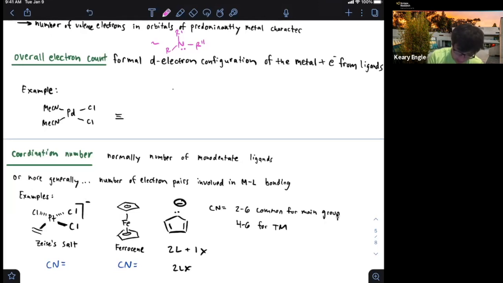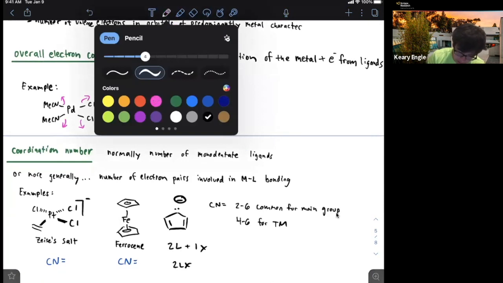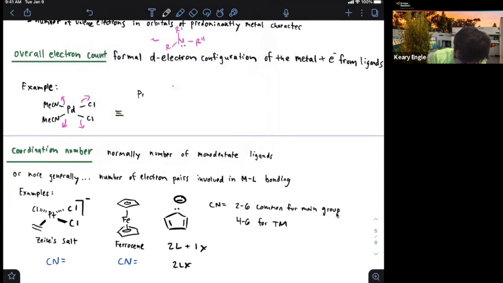The first step is that we're going to break all of the bonds between the metal and the ligands. I'll put this in black so that you don't have so much pink on it. We'll get back to 4 closed shell species.